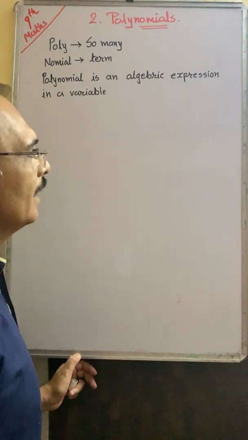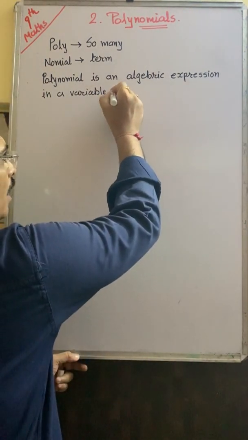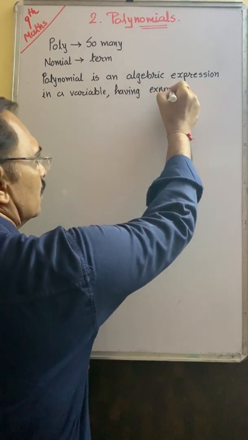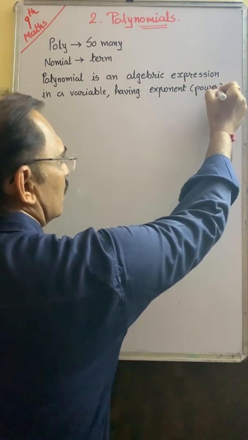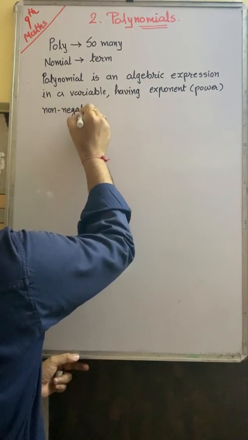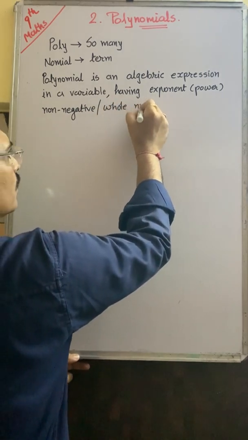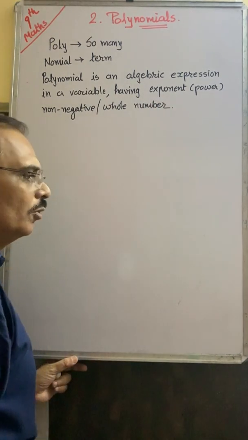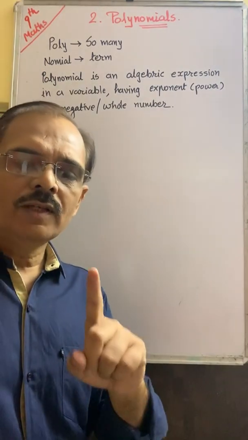Okay, so it is an algebraic expression in a variable having exponent. Exponent means power, non-negative or called whole number. This is a polynomial. Very interesting, having only one variable.